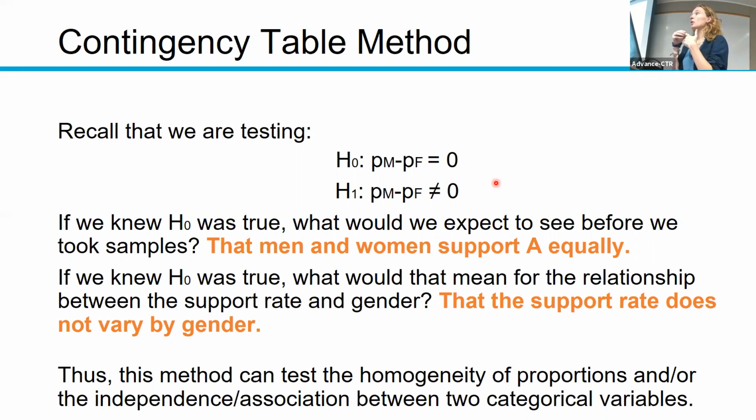It would mean that the support rate does not vary by gender. The support rate, whether you're male or female, is the same, regardless of that. They're independent. So with that, we know this method can test whether or not the proportions are the same and whether or not they're independent from each other.